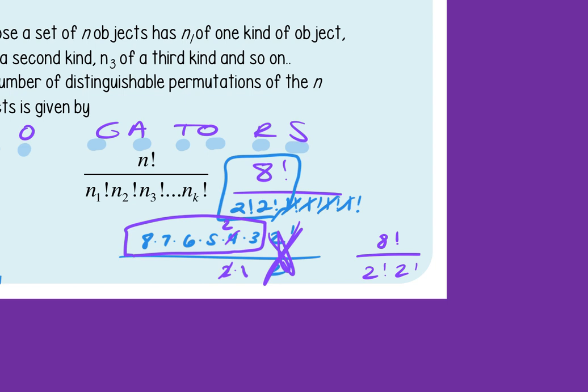So 8 factorial over 2 factorial times 2 factorial, which is really just 2 times 2, which is 10,080.